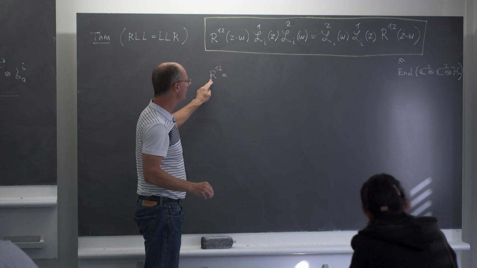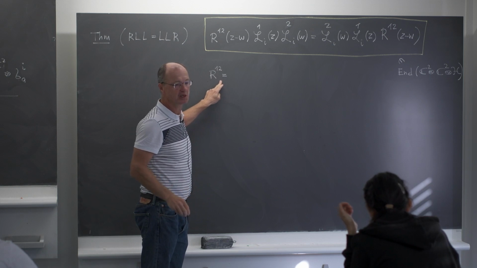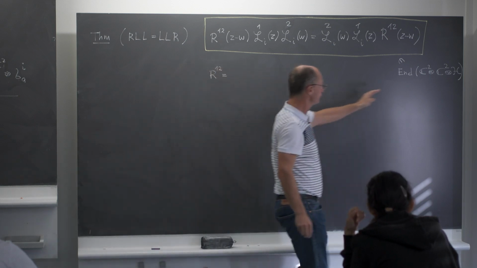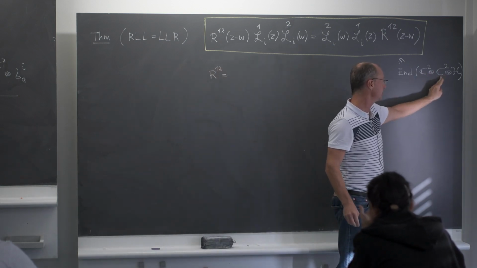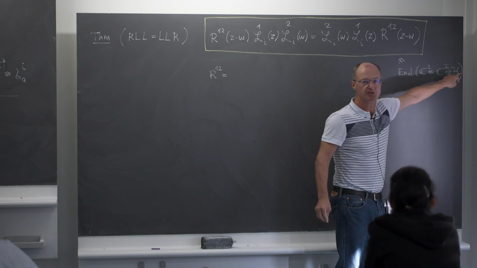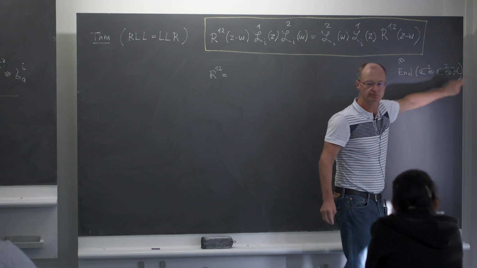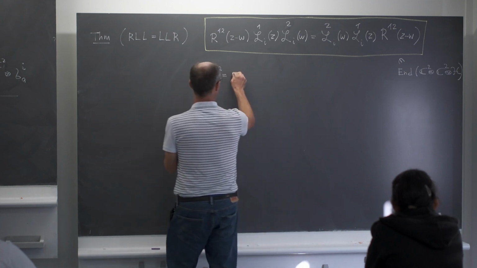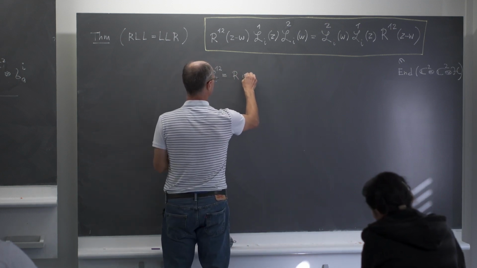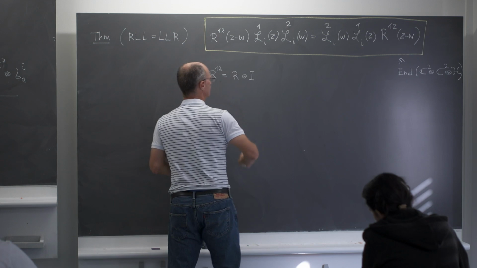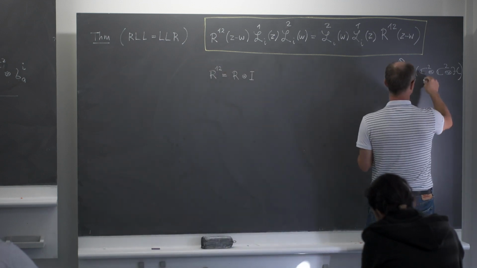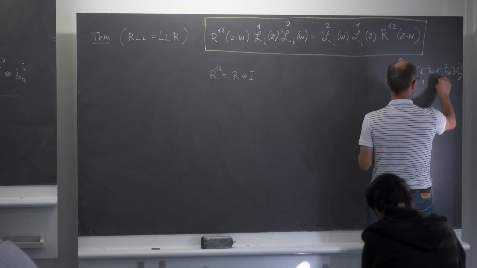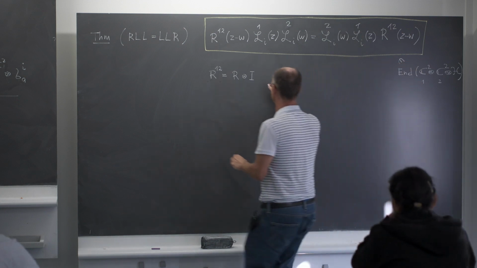In particular, this R12, this is a 4x4 matrix. So this 4x4 matrix acts here, and to act on H, it simply acts by 1. So this is equal to R tensor 1. Let me call this space 1 and this space 2.